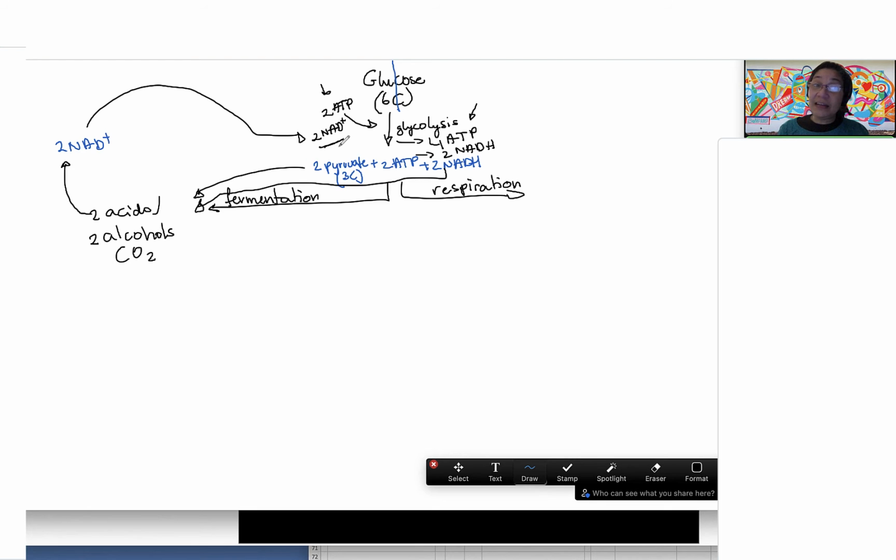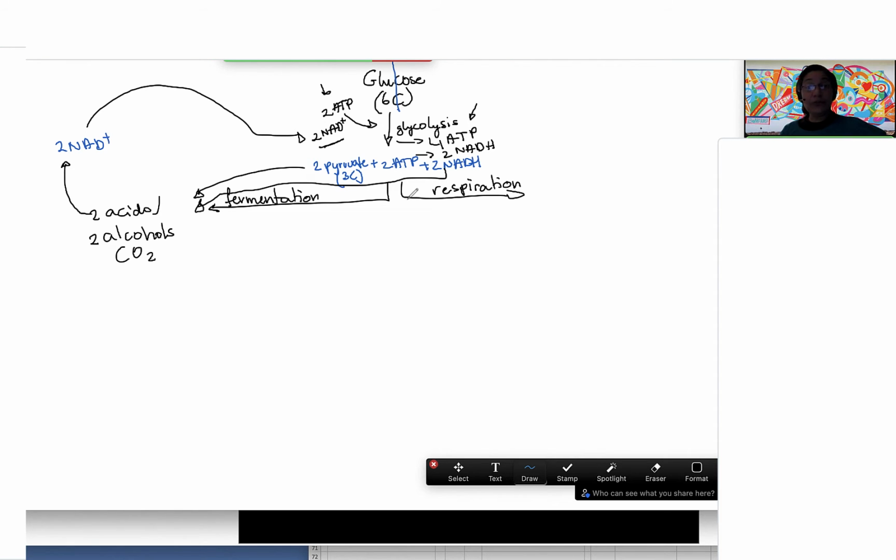So interestingly, this fermentation step, I don't know if you noticed here, but I took pyruvate, converted it to acids and alcohols. I took NADH and converted it to NAD+, but I didn't make any additional ATP. Right? No extra ATP. The only purpose of fermentation from the cell's point of view is to regenerate NAD+, so that glycolysis can continue.